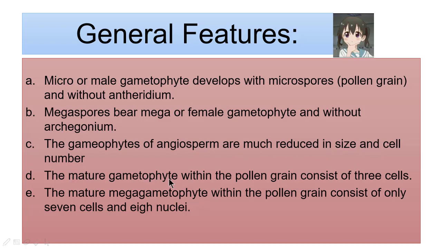The mature microgametophyte within the pollen grain consists of 3 cells, and the mature megagametophyte consists of only 7 cells and 8 nuclei. Sorry, the 'T' is missing. Correcting the mistake.